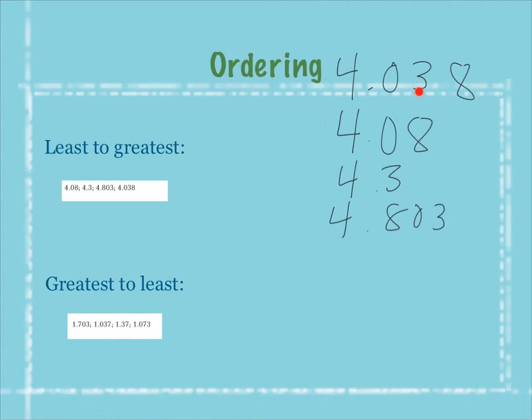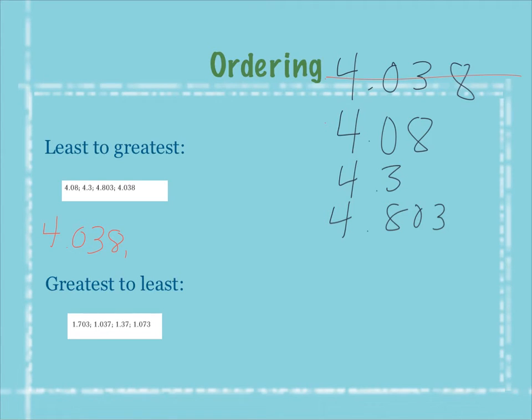So let's move over to the hundredths place to see if I can figure out which one is the smallest. Remember, I'm just looking at these two numbers because one of these two is going to be the smallest. I can see that this first one here has a 3 in the hundredths place versus this one that has an 8. So this one is going to be first. So 4 and 38 thousandths goes first in our list.